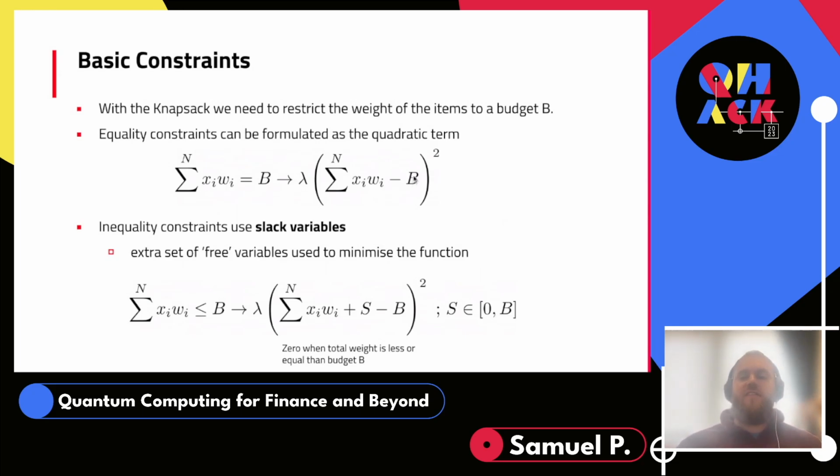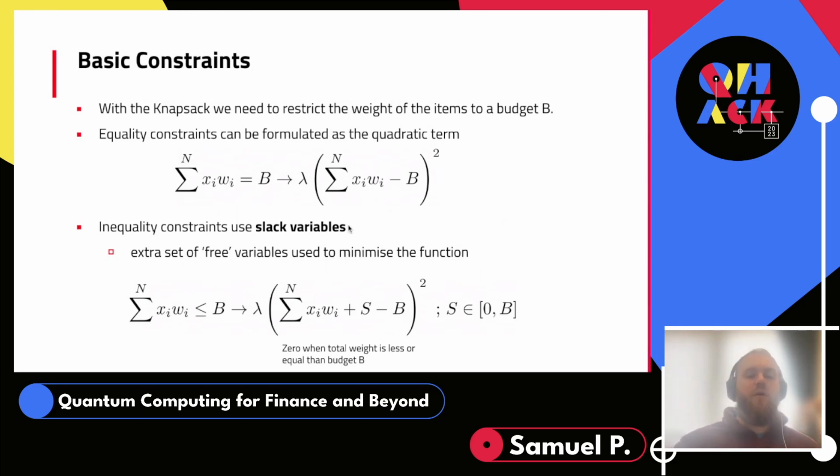Because it's quadratic, we're going to have this nice curve. So we know our minimum is going to be when this sum equals b. So when we're doing the quantum annealing, it will minimize to when this constraint is held. Otherwise, there'll be some positive energy in the system.